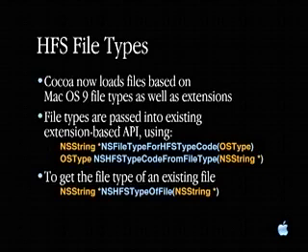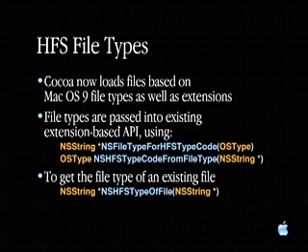Cocoa now also has support for dealing with HFS file types. Now, we added this support without modifying any of our API that uses extension-based parameters. So for instance, if you want to bring up an open panel and tell it what types you're allowing it to open, you can pass in strings which represent HFS file types.